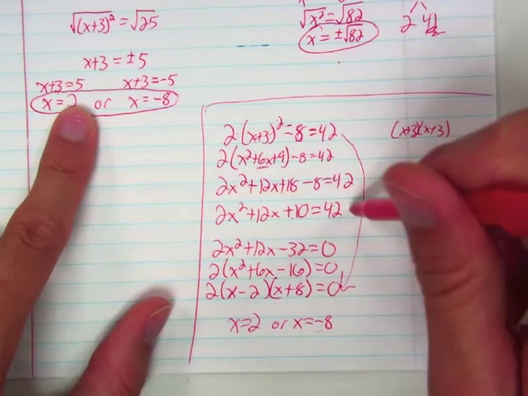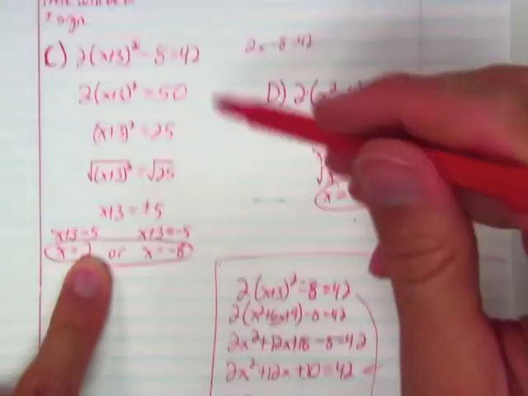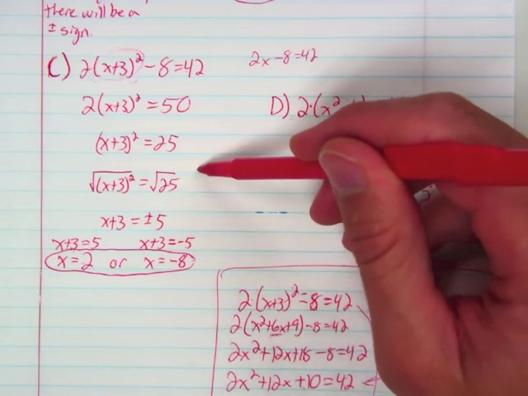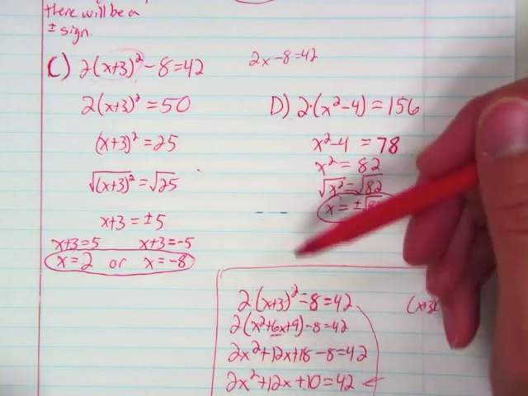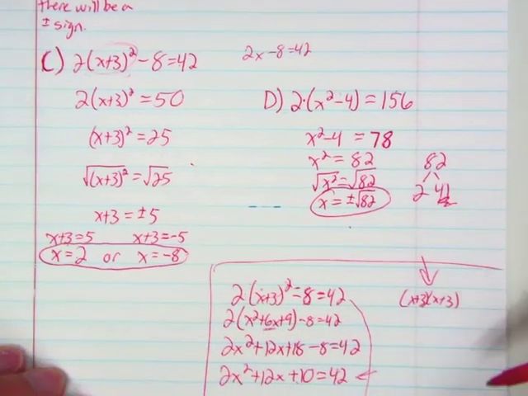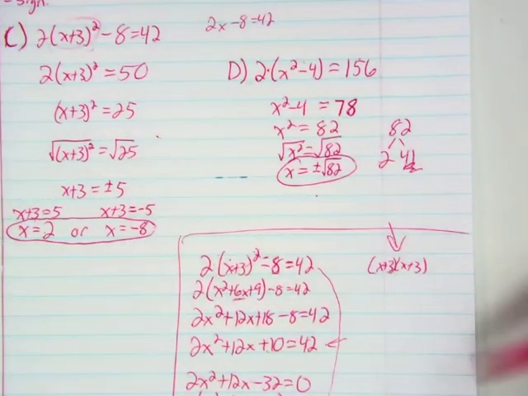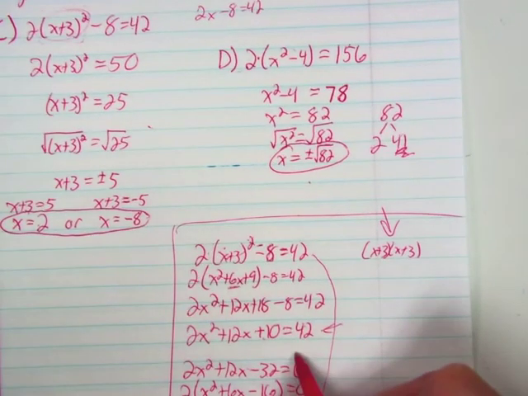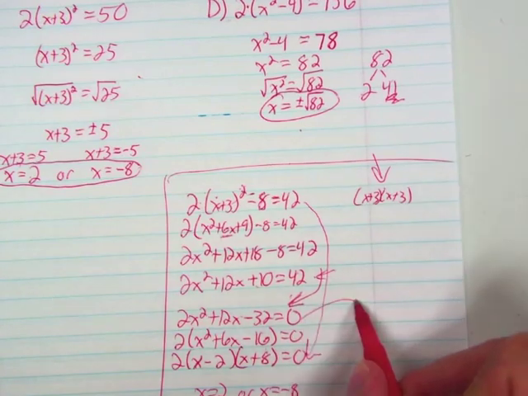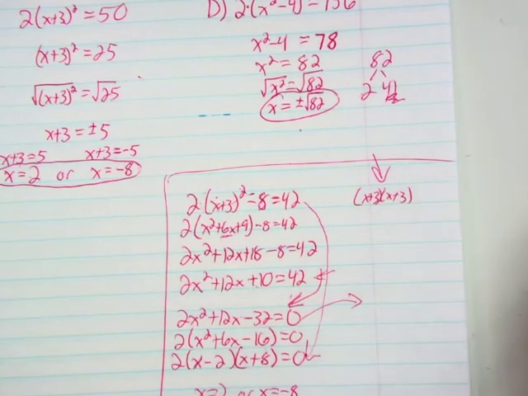Is this one wrong? No. Is this one the only right way to do it? No. You can do it either way. I'm just showing you that if you were to square the x plus 3, you do have to remember that it's x plus 3 quantity squared. Now, if we got to this point right here, and we had to do the quadratic formula from there, that's going to be another at least 5 steps.